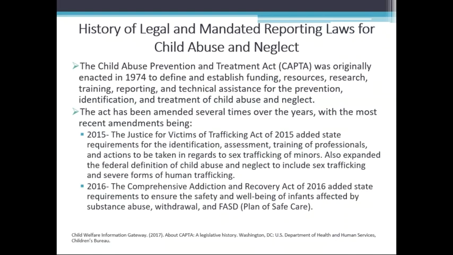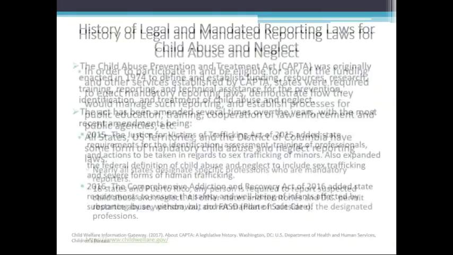And then in 2016, they also added provisions to ensure the safety and well-being of infants affected by substance use, such as neonatal abstinence syndrome and fetal alcohol spectrum disorder, FASD. So if you're in a state where they've already started working on their plan of safe care, this came from the CARE Act in 2016.